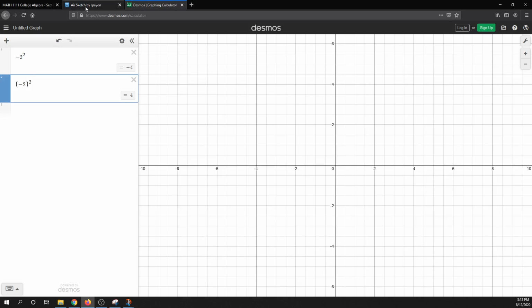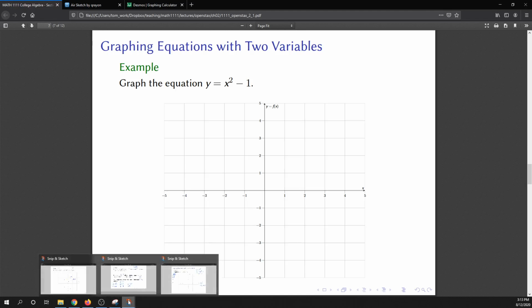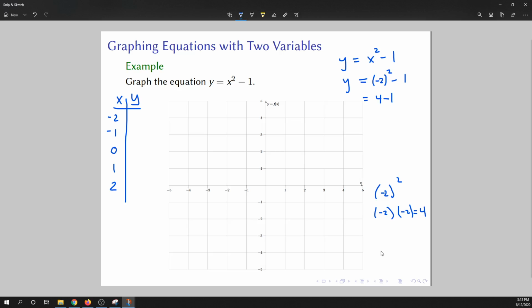When the calculator sees this, it only assumes that that square is on the 2. So it treats it like this. Oh, you want me to square 2 and then take the opposite of that.